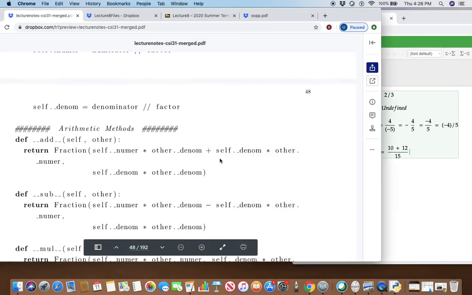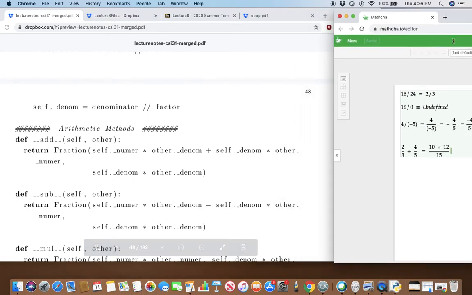First I simply take the denominator, which is the product of the two denominators. So I'm going to construct a fraction object, the denominator being the first one's denominator times the second one's denominator. The numerator is the first one's numerator times the second one's denominator plus the first one's denominator times the second one's numerator. Self is the first, other is the second.